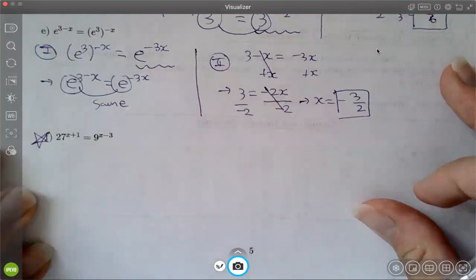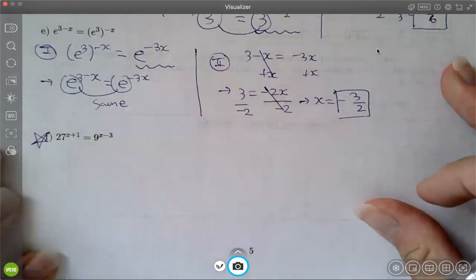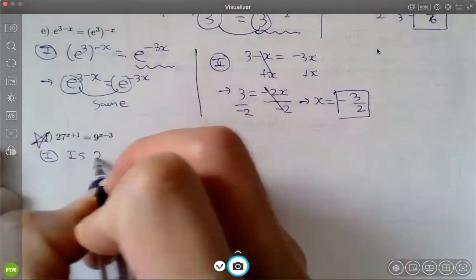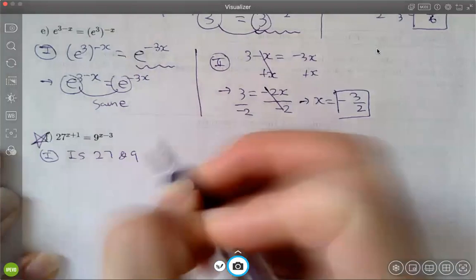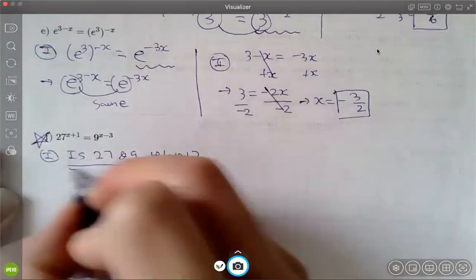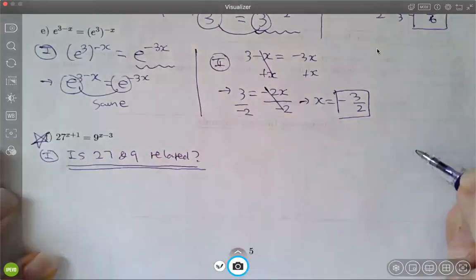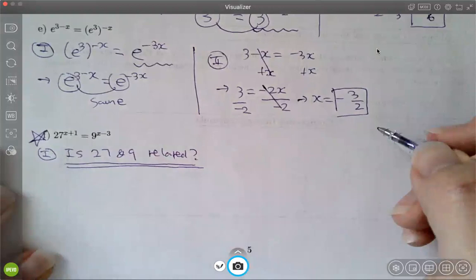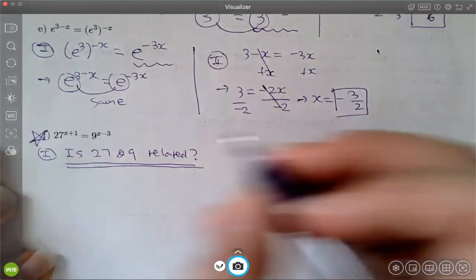And here there's another weird thing. So what we are looking at is what? 27 and 9, right? So now, are 27 and 9 related to each other? So yeah, 27 is 9 times 3, but remember, that's not the point, right?